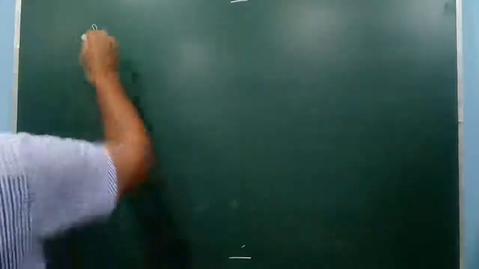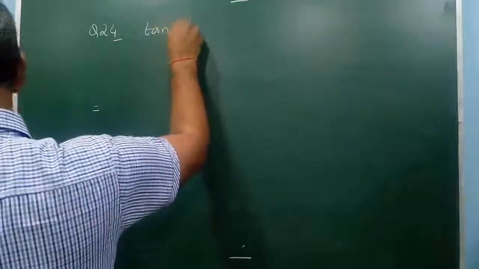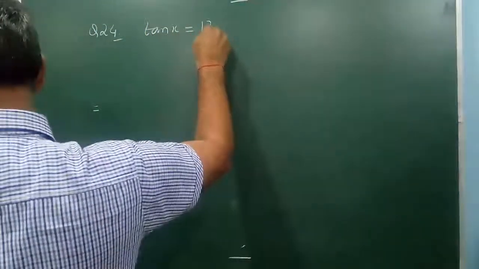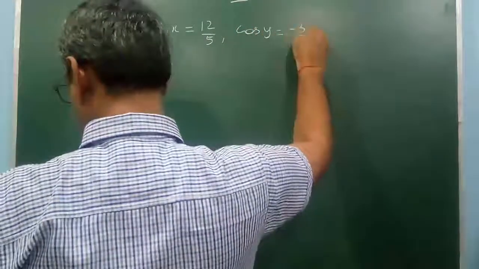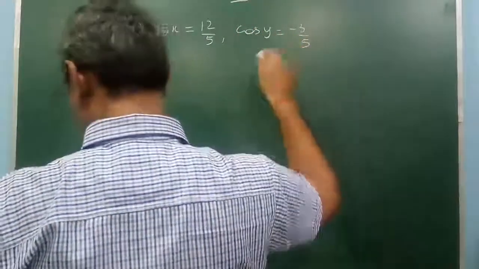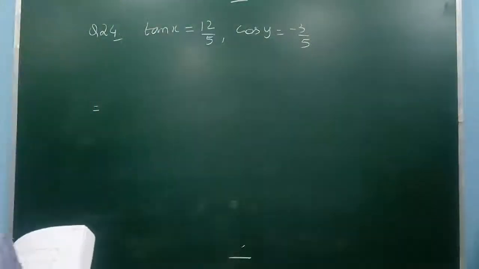So now the 24th question is tan x is equal to 12 upon 5, cos y equal to minus 3 upon 5, and x, y are in the same quadrant.